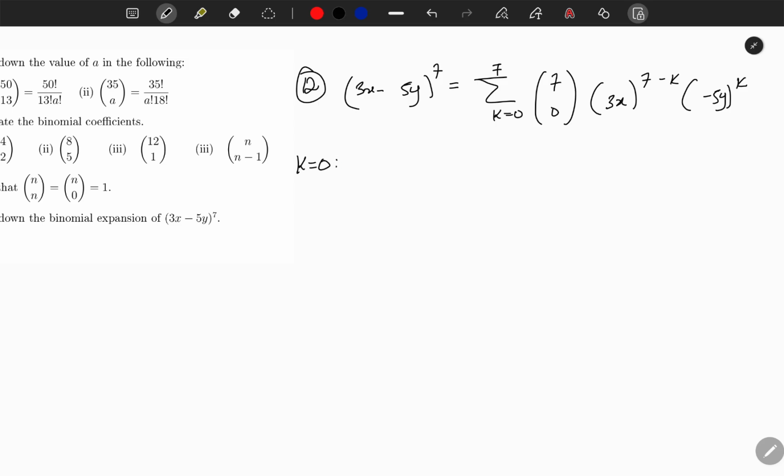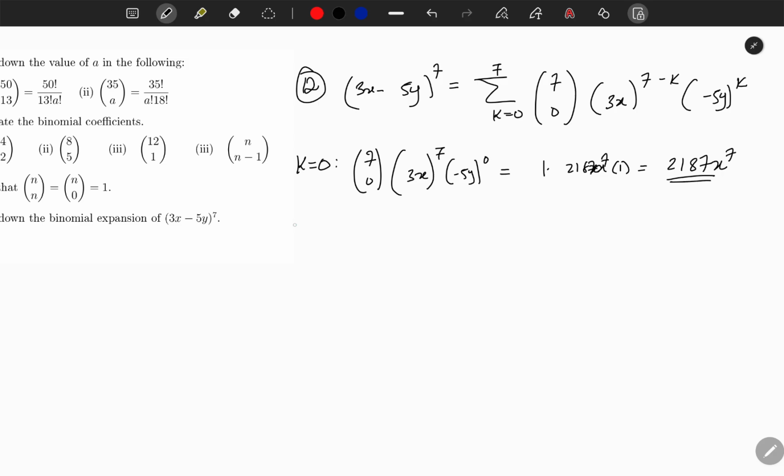So from k equal to 0, we get 7 combination 0. Then we get 3x, so k is 0, that remains 7. And here negative 5y, we get 0 there. This will give us 7 combination 0, which is just 1. Then here we get 3 to the power 7 x to the power 7.